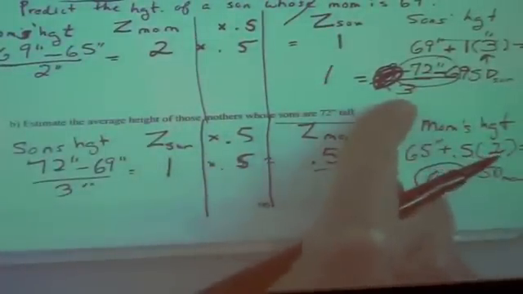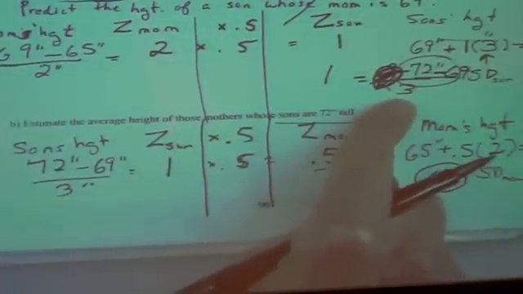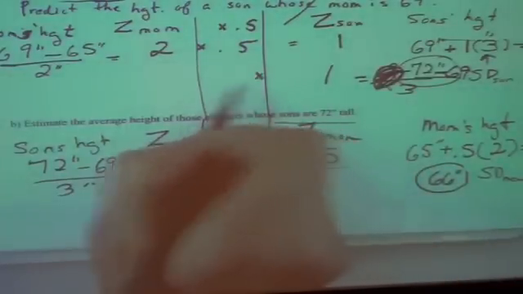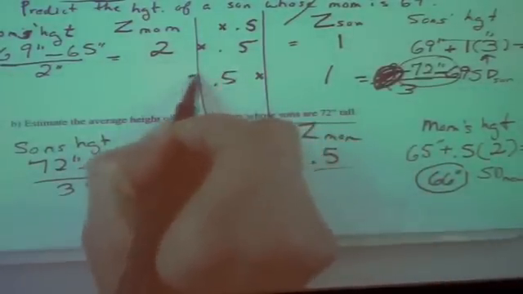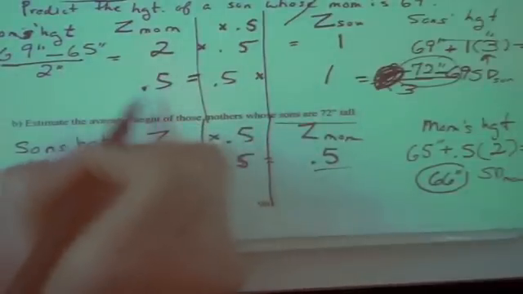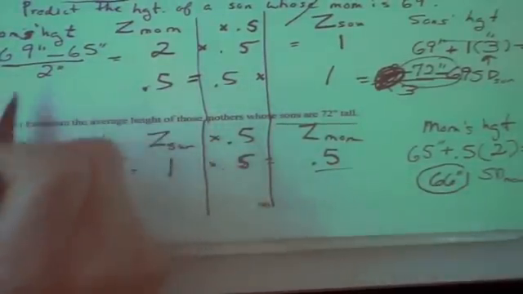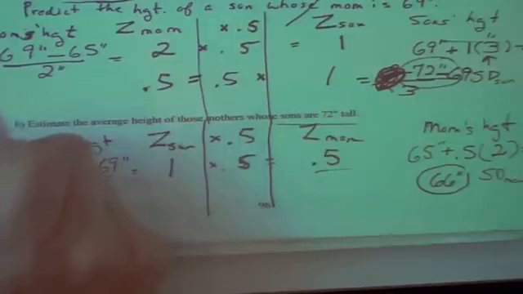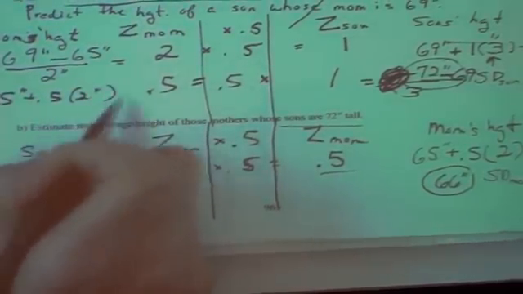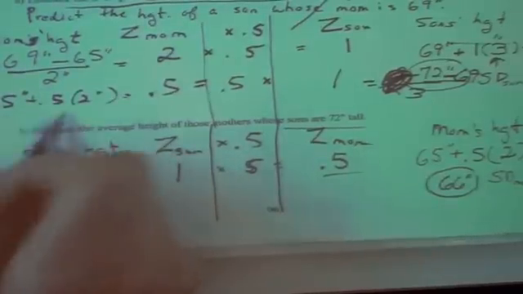He's above average. Now, you multiply by 0.5, and you get 0.5. And it's the same thing, so you start at the average, 65 inches plus 0.5 times 2, and what do we get?